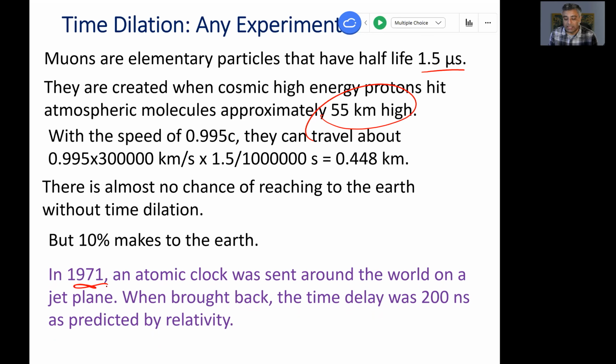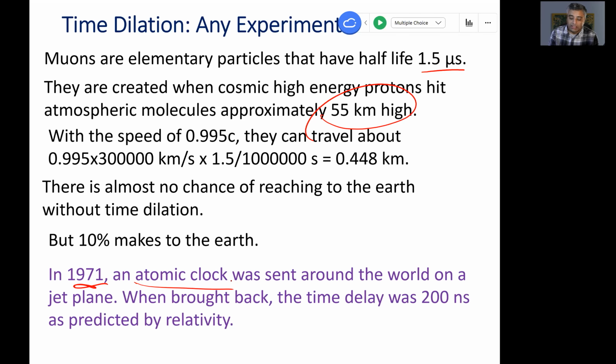In 1971, an atomic clock, which can measure time in the nanosecond range, even more precise than that, because it is based on the oscillation of a charged particle in its energy level, was used. That's what it's measuring, and that's pretty accurate.